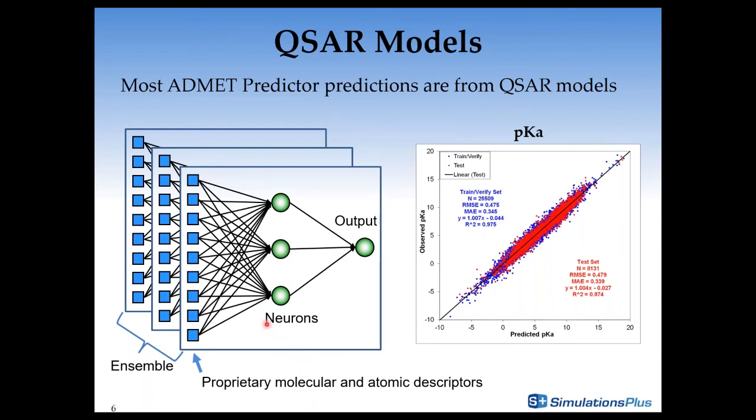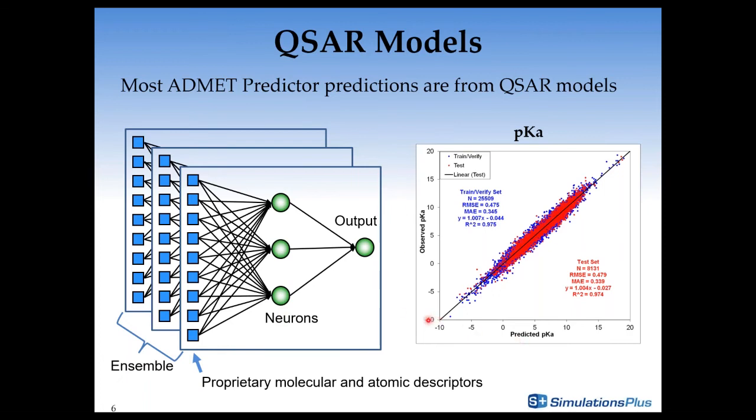And then we train a machine learning model using a method like artificial neural networks that I show here. One important point that I will come back to in a couple of slides is that we train not one model, but a collection of models. We call that an ensemble. And we find generally that ensemble models outperform individual models.